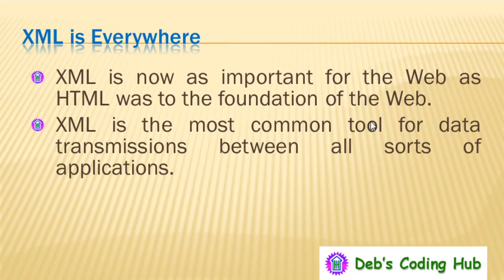What do you mean by XML is everywhere? XML is now as important for the web as HTML was to the foundation of the web. XML is the most common tool for data transmission between all sorts of applications, because it provides a universal format for representing data.